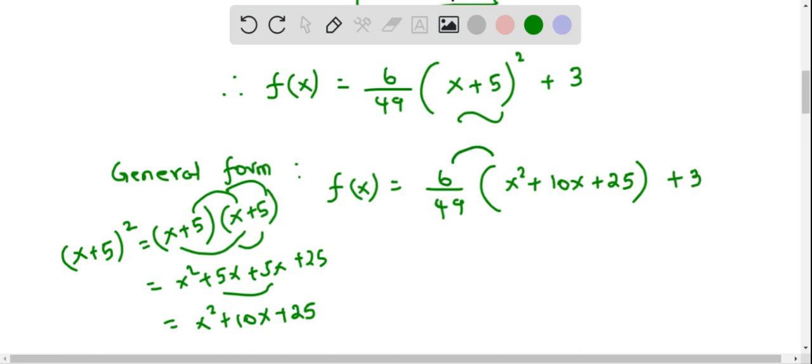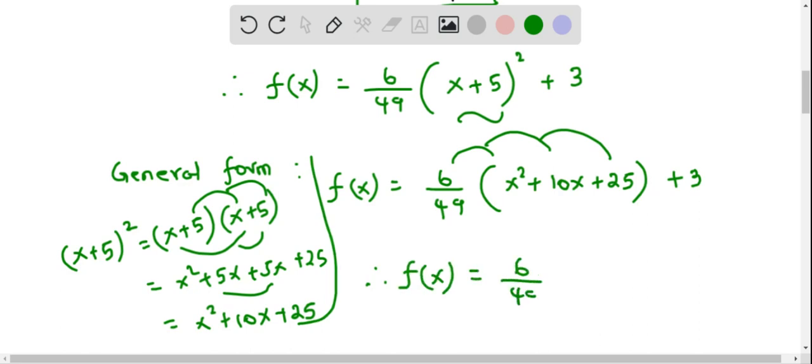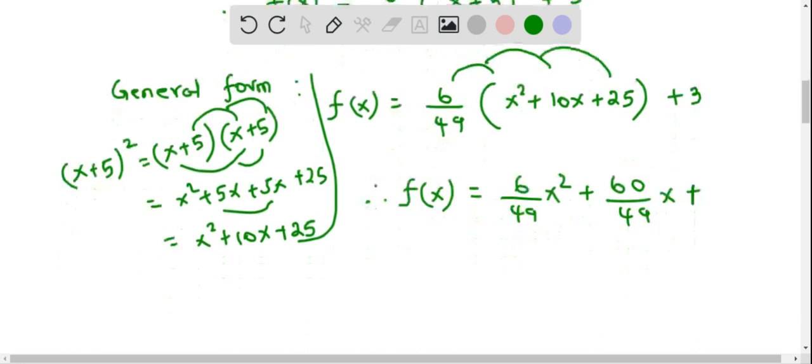Let's distribute the terms of 6 by 49 into the terms inside the bracket. So therefore f of x equals 6 by 49 x squared, and 6 by 49 times 10, we just multiply the numerators 6 and 10. It is 60 over 49 x plus 25 over 1.